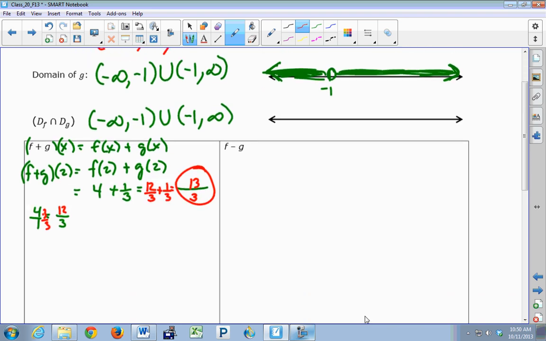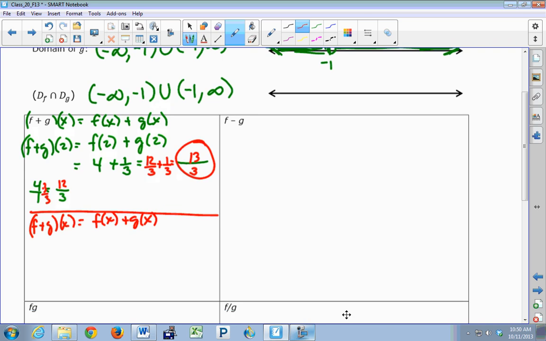All right, so let's do it now for the general case for all x. So we want f plus g of x. That's equal to f of x plus g of x. So for all x, except one number, -1, wouldn't be included anywhere in here. So f of x, we're defining to be x squared, and g of x is 1 over x plus 1.